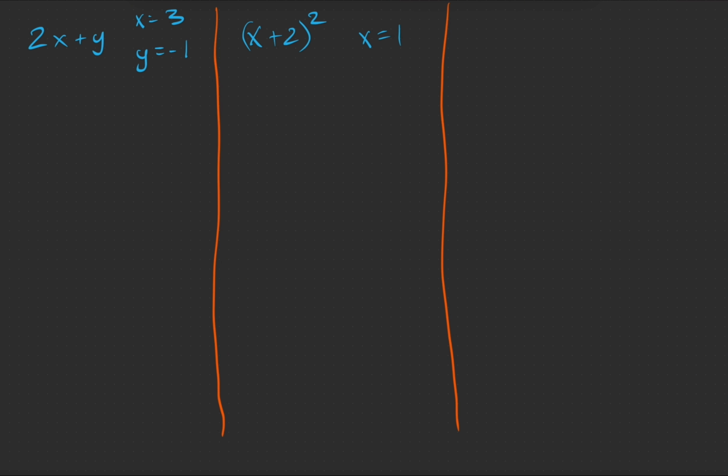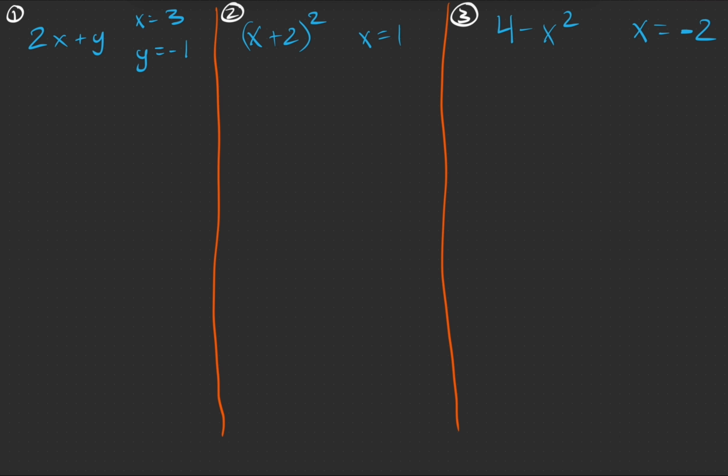And lastly, we're going to do 4 minus x squared, where x is equal to negative 2. I want you to pause the video and try to solve these problems on your own. Let me label them: 1, 2, 3. So go ahead and pause the video and try these, and we'll solve them here in 3, 2, 1.